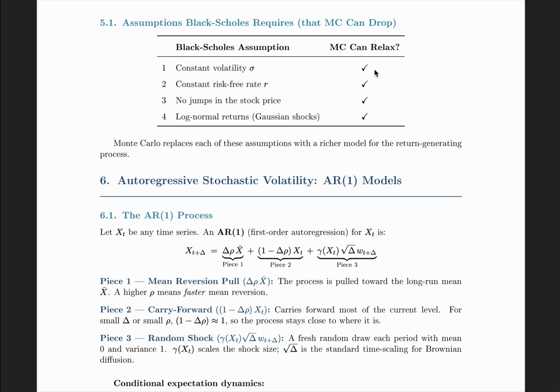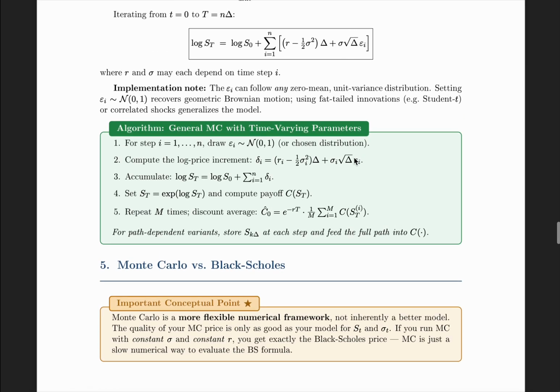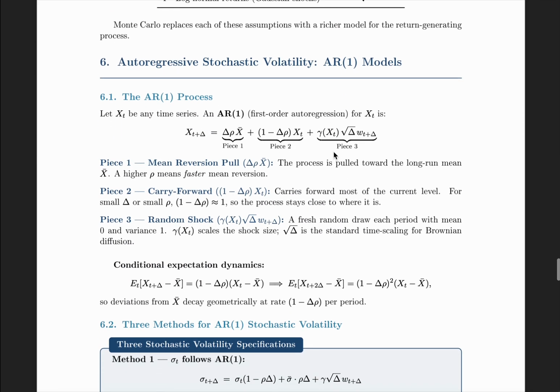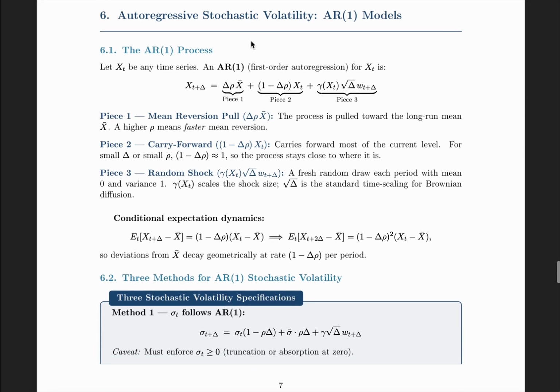But again, our Monte Carlo approach is only as good, and we'll see this later on, as our model for sigma. How do we model sigma, right? It turns out that one of the ways that we can model sigma is through an autoregressive stochastic process for volatility. Now, what does that mean? That just means that we assume that volatility is mean reverting.